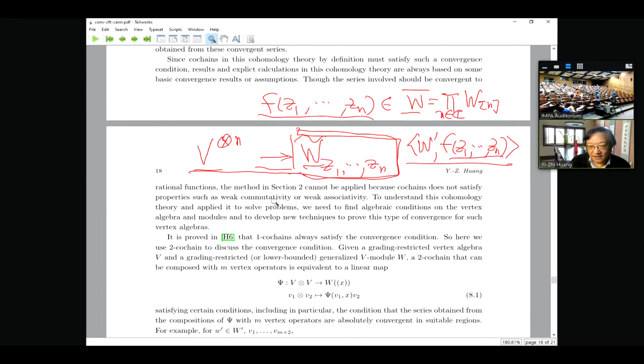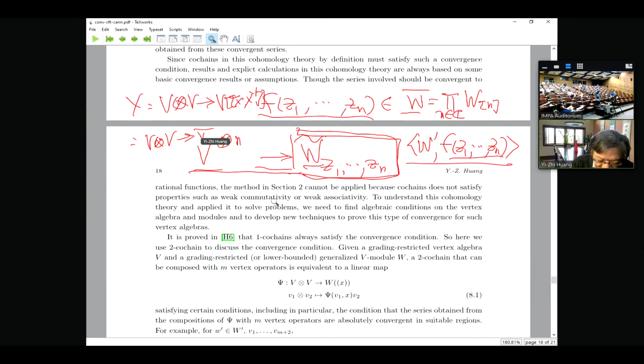The main thing to remember is that our vertex operator, you either write as a map V tensor V to V as a formal series, or you write it as a map from V tensor V to V bar, the algebraic completion.